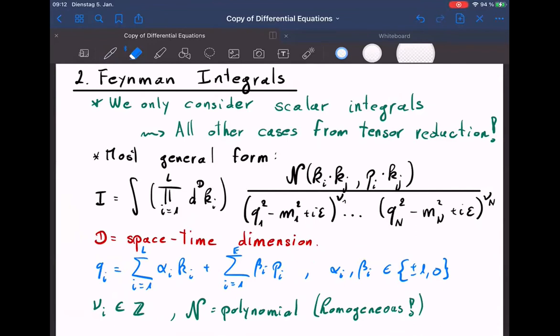And well, the integrals that we will consider are as shown here on this slide. Some comments, I will only consider what is called scalar integrals. I will not discuss tensors. It's not a restriction because, at least in principle, you can always reduce everything down to scalars if you do tensor reduction.